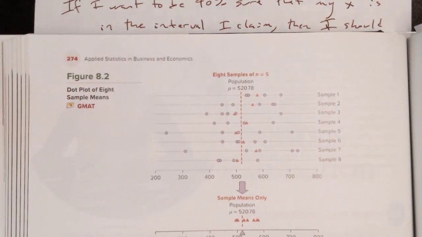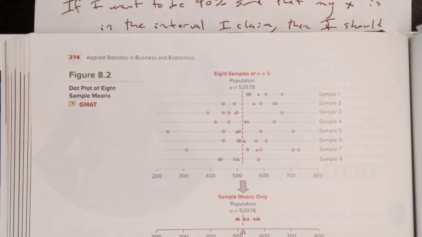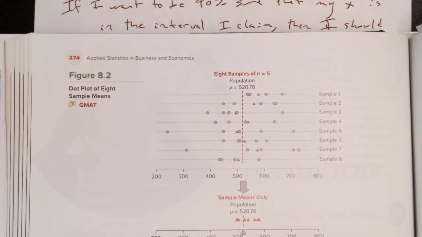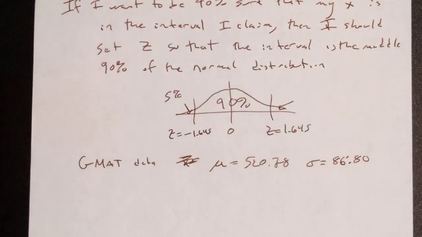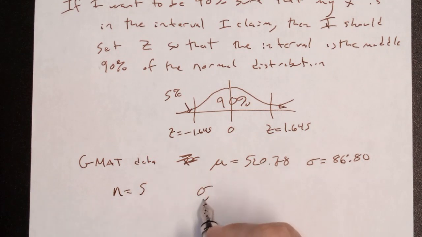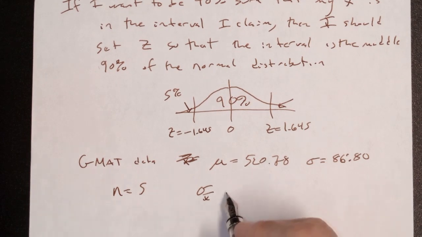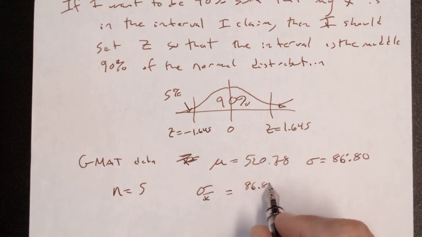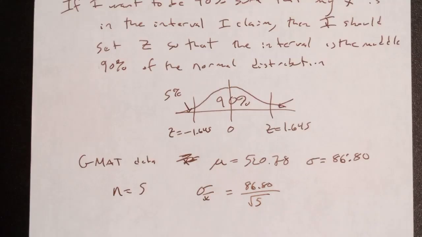Page 274. We took samples of size 5. That's my n. So the standard error of the mean is 86.80 divided by the square root of 5.